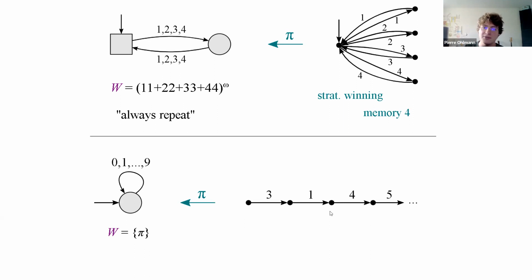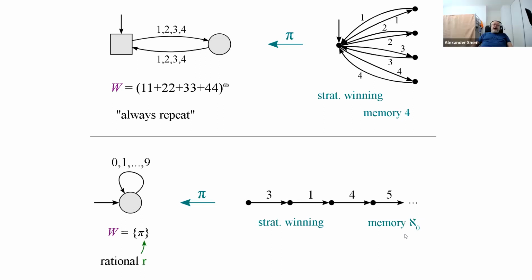So this is a graph that satisfies the objective. This is the initial vertex. The only path from the initial vertex does belong to the objective, so it's indeed a winning strategy. But the memory is big, right? This is the pre-image of our only vertex, and it has countable size. So we have countable memory space. And if pi were periodic, then we could have finite memory.